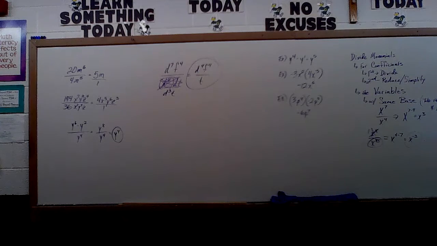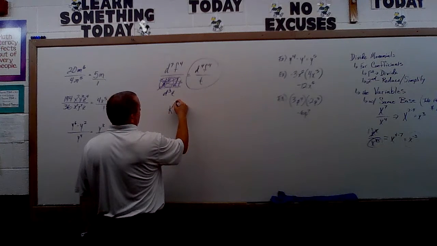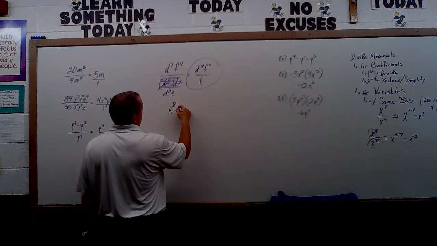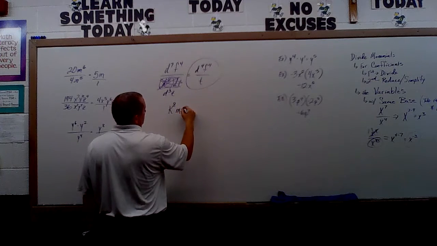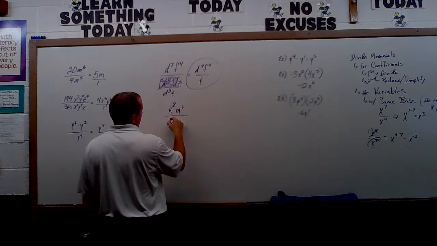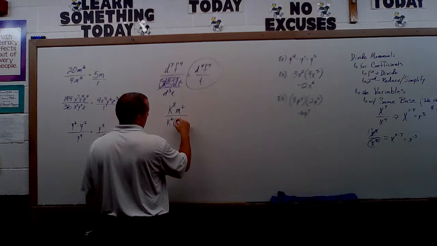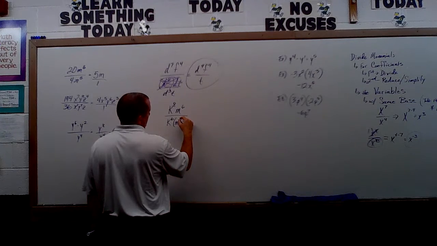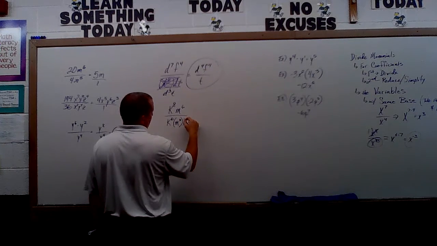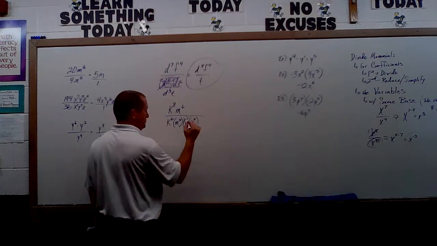We need to do another one of those kind? Yeah? All right. So, K to the 8th times M to the 6th over K to the 6th times M to the 3rd times K squared times Z to the 4th.